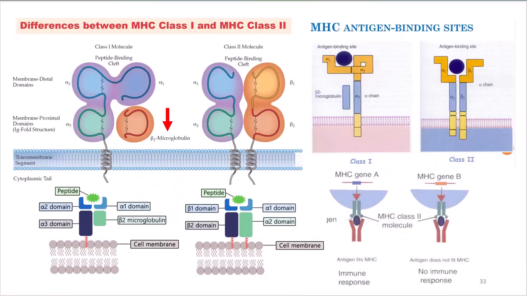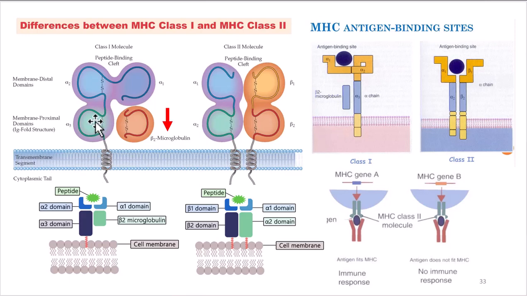So what's the difference between an MHC class 1 and an MHC class 2 molecule? And this is where we're starting to really build the understanding as to what can lead to drug allergies. So MHC class 1 molecules have one insertion area into the domain.